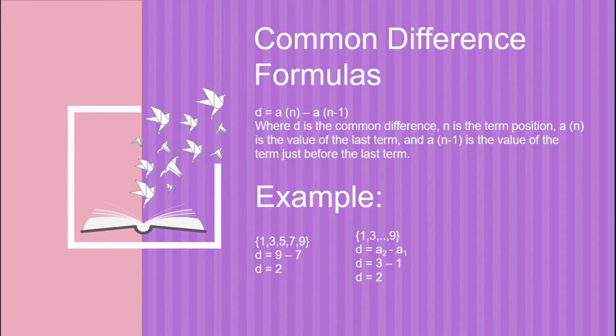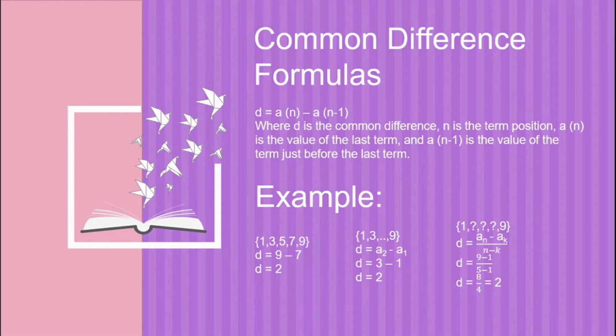Now for the last example. In my opinion, this should be the formula that you should memorize. As you can see, the values given in the sequence are only the first and last terms. We could use the formula D is equal to a sub n minus a sub k over n minus k, where a sub n is the last term, a sub k is the first term, lastly, n and k are the term positions.